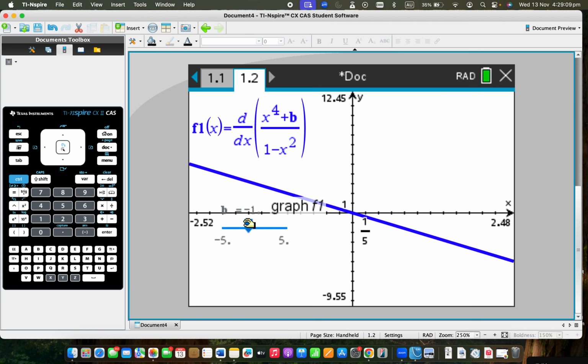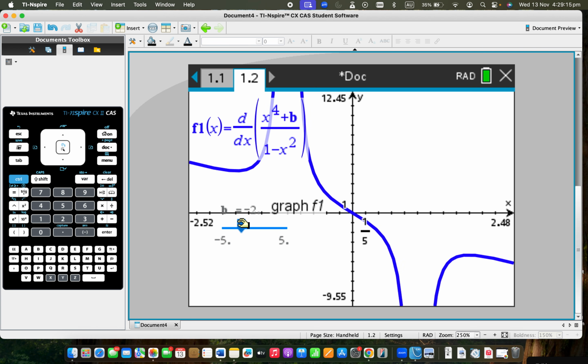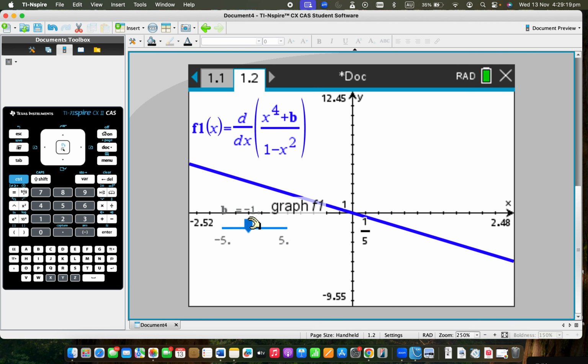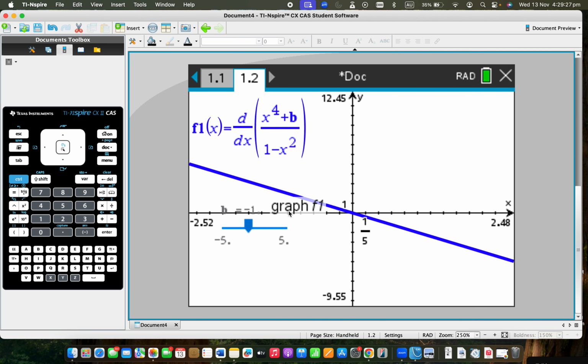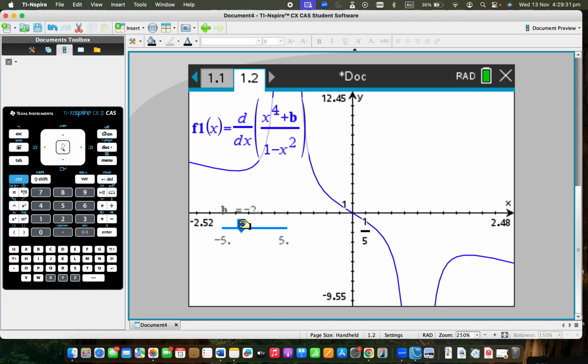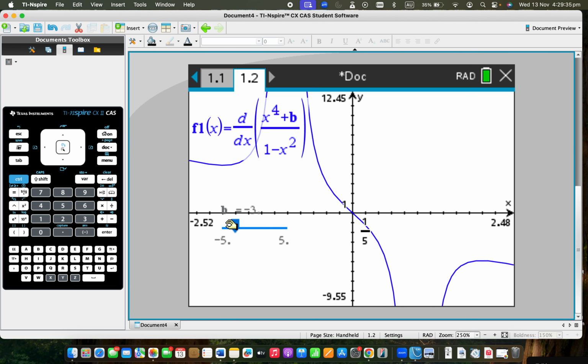Negative 1 is just 1, so as we said, we can't have that for 5. 1 stationary point. Oh, and so b is less than or equal to negative 1, because that's another stationary point. And then if we go down here, negative 2, there's also just the 1.